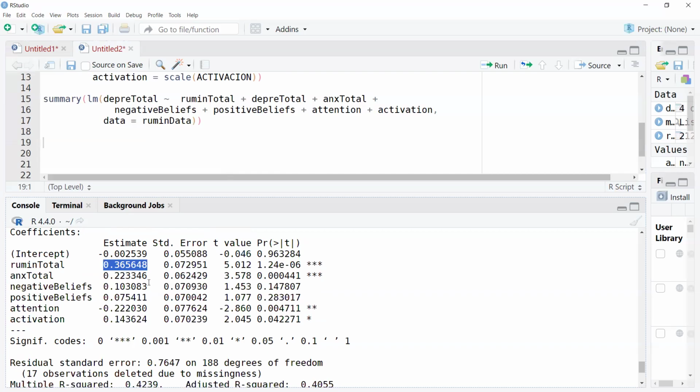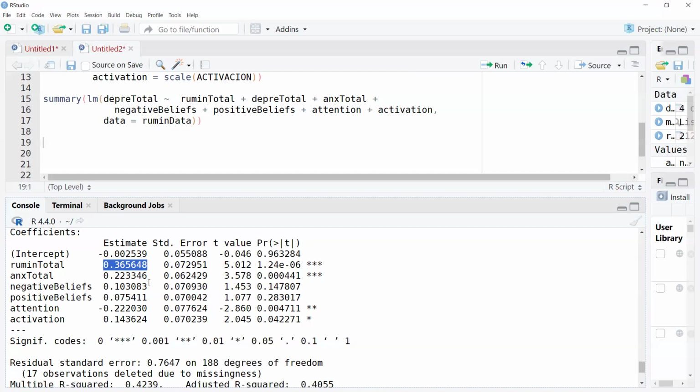So the closer it gets to 1 or minus 1, the stronger the relationship with depression. In this case, rumination has a relationship of 0.36, and you can compare this slope versus the other slopes. So now it's easier, and we can see that rumination is the one that explains the most variance.